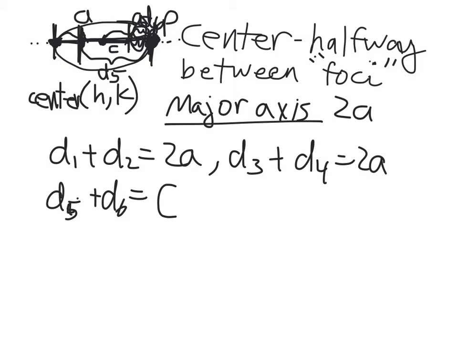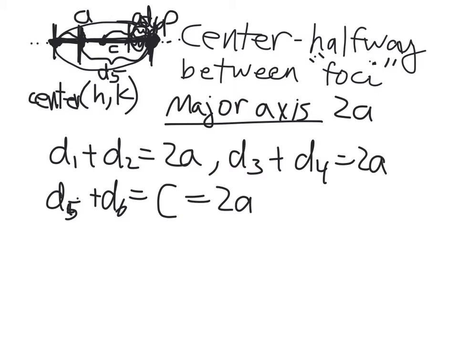That's the same length from one focus to the ellipse. We'll move it to the other end, and then D5 plus D6, well, that's going to be 2A. That's our length of the major axis. So that illustrates where the 2A comes from.